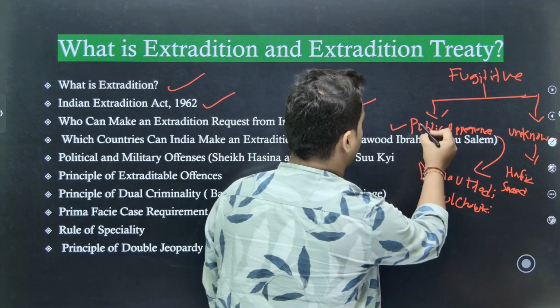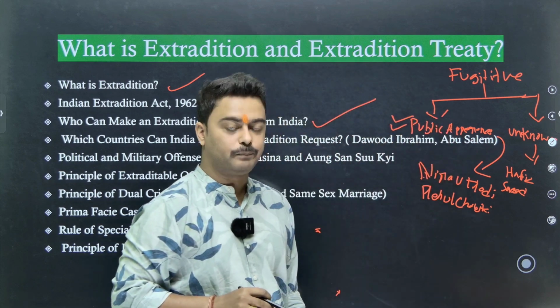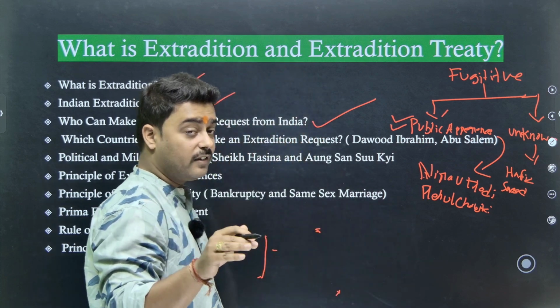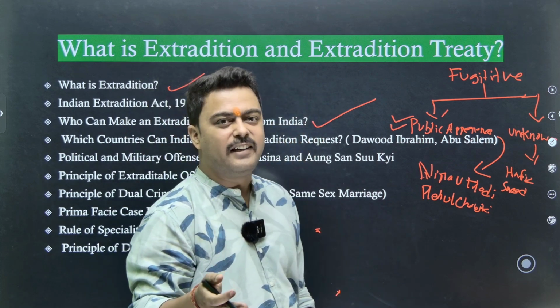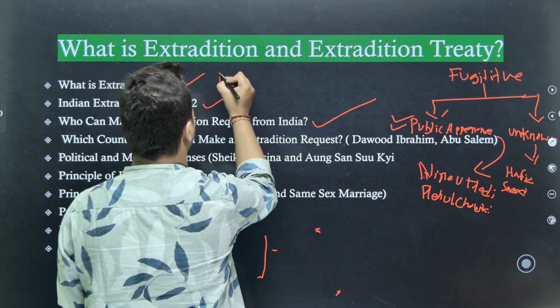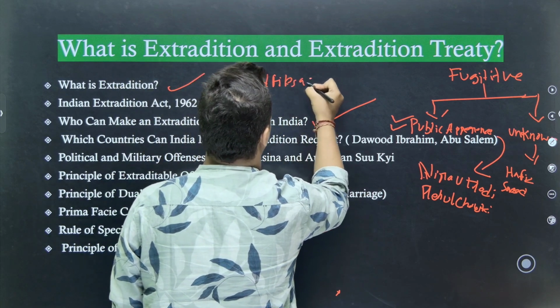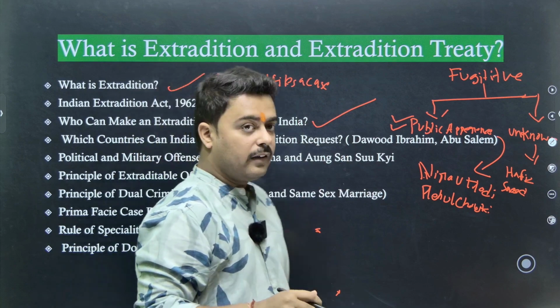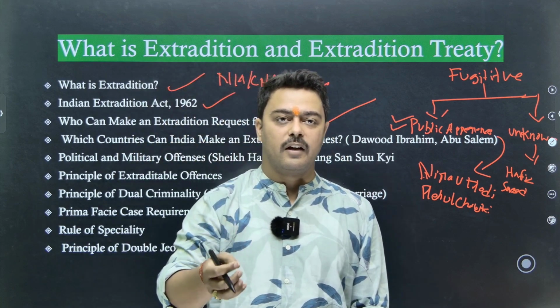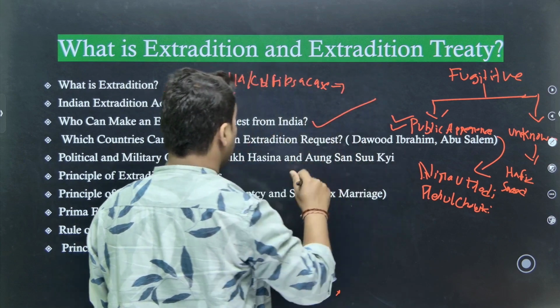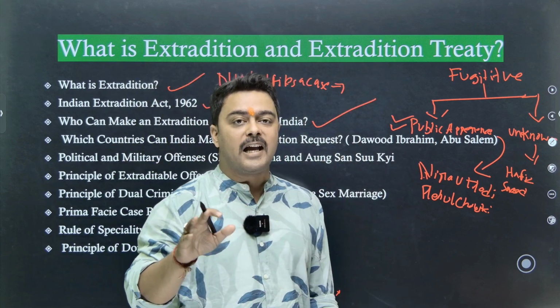Now for fugitive offenders with a public appearance, I will tell you the process in a very crisp manner. First, the concerned department, let's say NIA or CBI, files a case. Look, an FIR in India is necessary to get into the process of extradition. NIA or CBI files a case, then these agencies gather prima facie evidence.